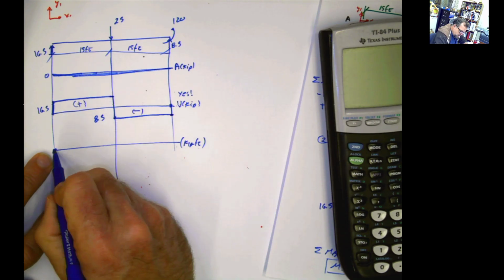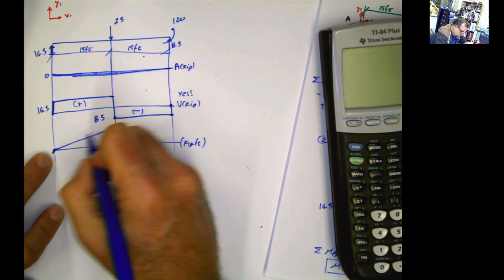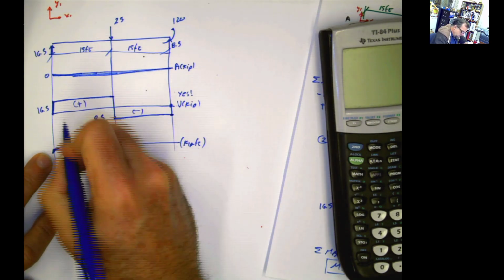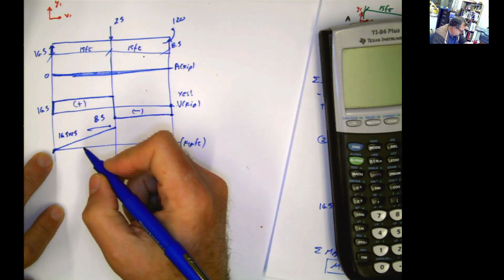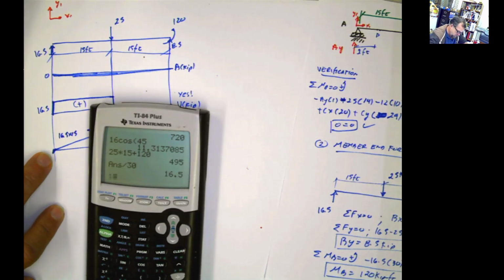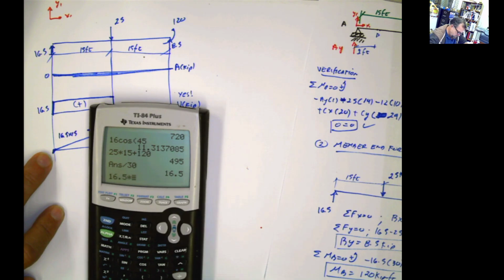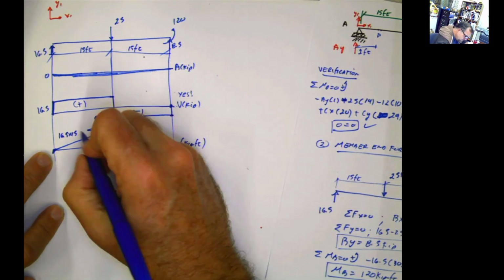This is constant. This is going to be a straight line. So this value here is going to be 16.5 times 15, which is 247.5.